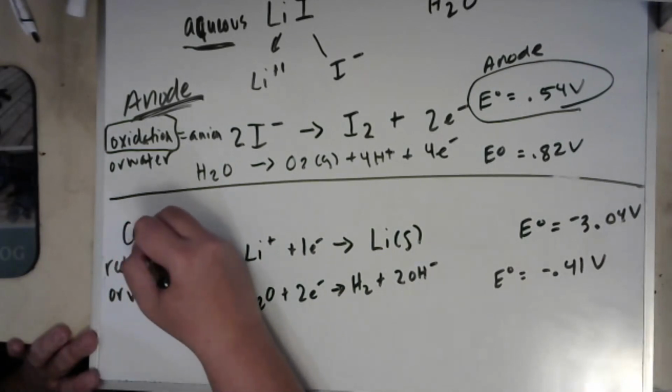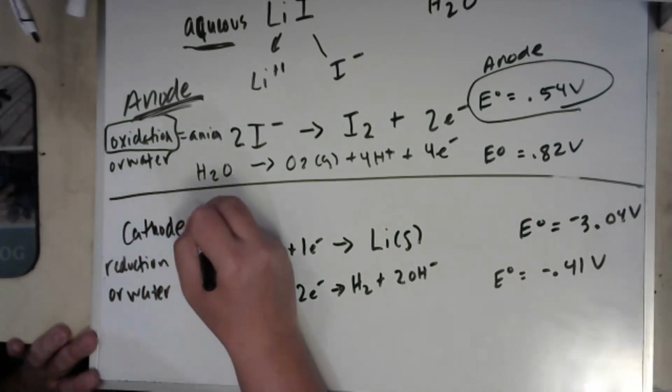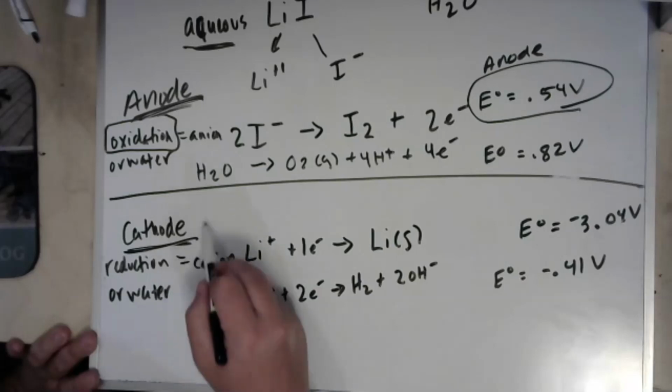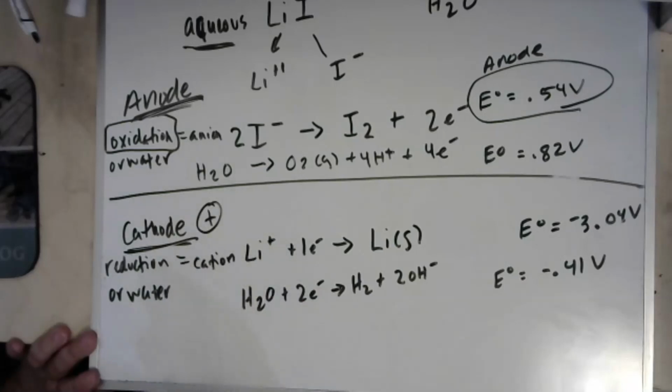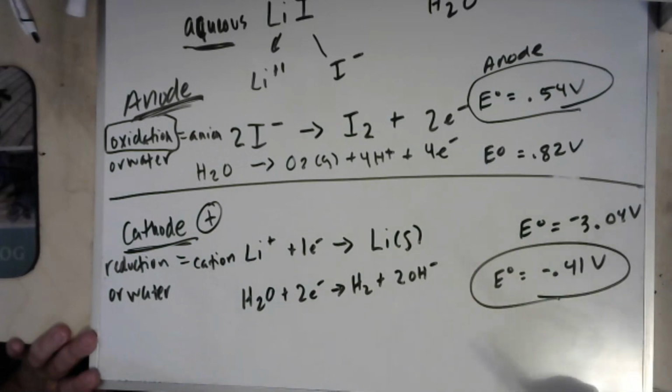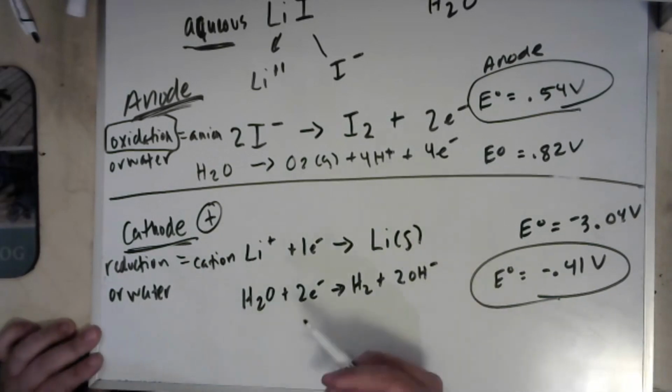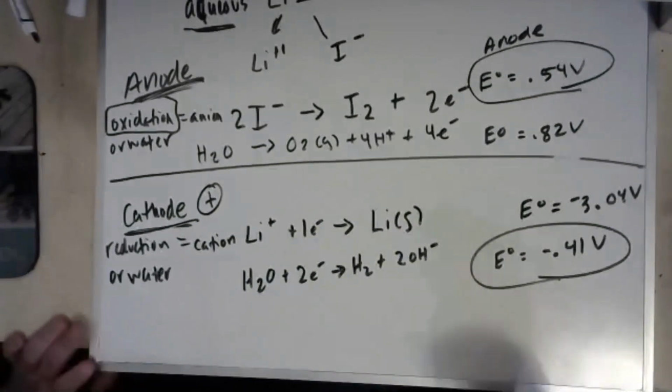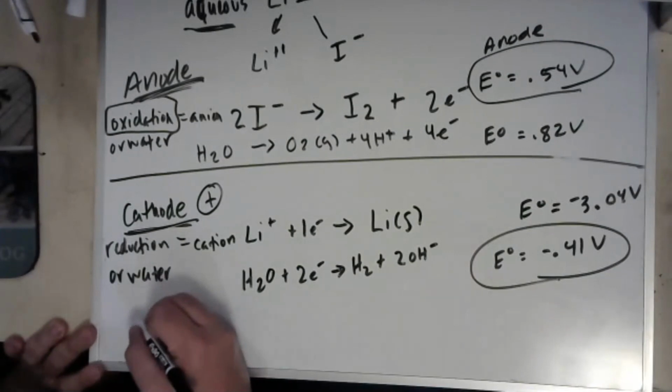Our reduction is happening at the cathode. The cathode value has to be more positive. Okay, so between these two values, this is the more positive value. All right, so that's telling us the half reactions at the anode and the cathode. We can summarize it a little bit more neatly down here.